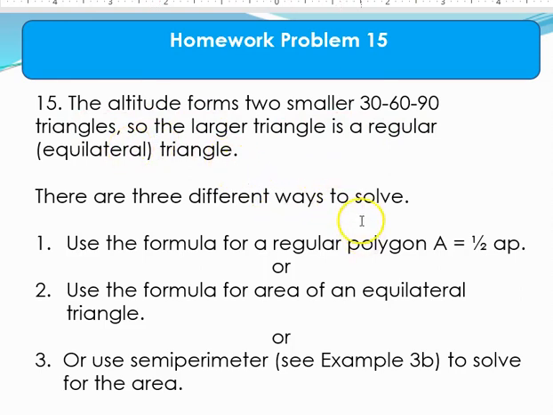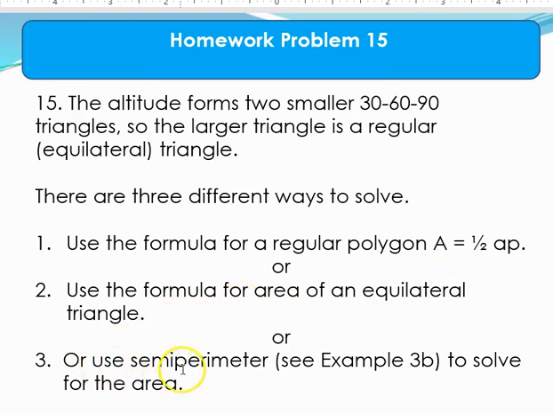And there's actually 3 different ways to solve this triangle. So you can use your formula for a regular polygon, or you can use the formula for the area of an equilateral triangle. And if you remember that, that's area equals square root of 3 over 4 times side squared.